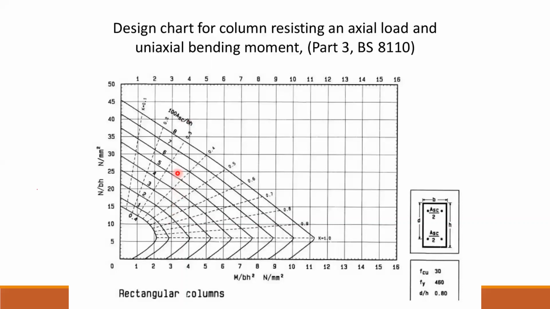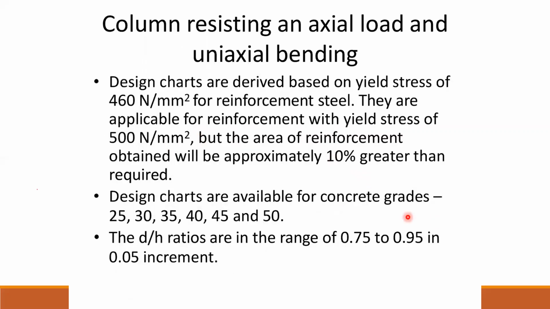Then you can find where it merges, in which category it lies. So this is 0.4, 1, 2, 3, 4, 5, 6, 7, 8 up to this range. Okay, this is what it says. So when you are selecting the column dimensions, it's better you always start with this requirement.